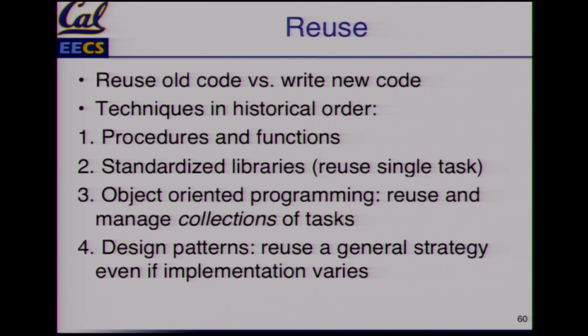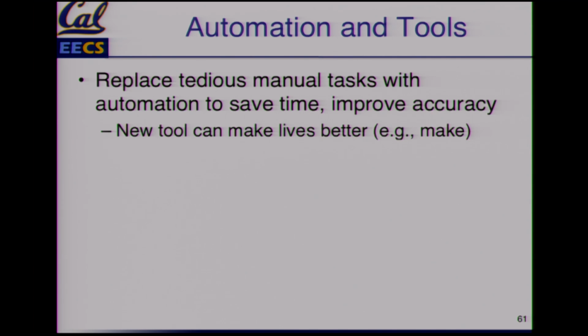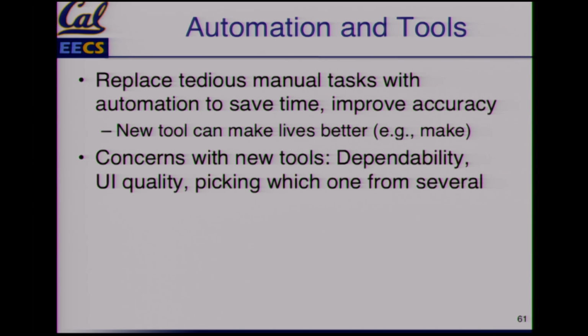The final one is automation and tools, and I think this is one of the things, if you like computing, you kind of believe in your soul: if it's tedious, there ought to be a tool that can do it faster and make your life better. Going back many years, Stuart Feldman saw all his friends at Bell Labs spending all their time compiling, even stuff they didn't have to compile, so he invented Make to make life easier.